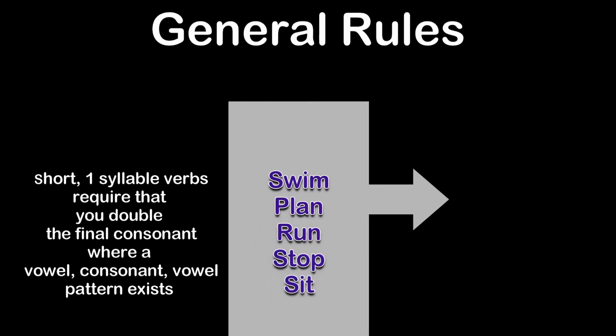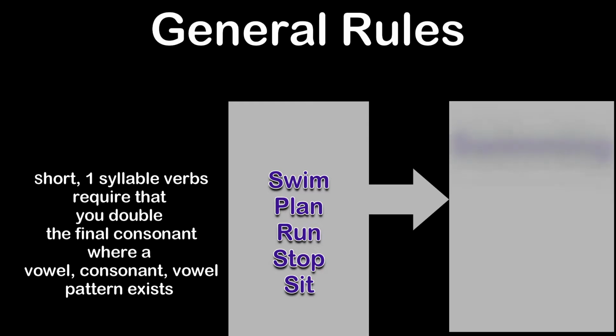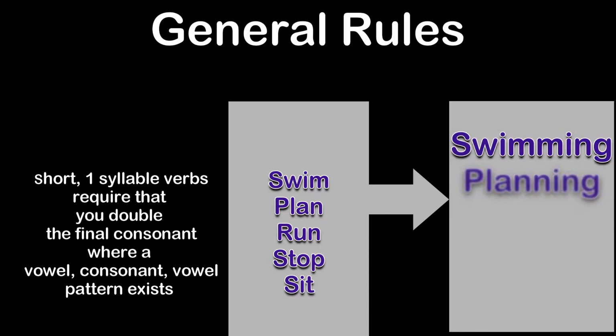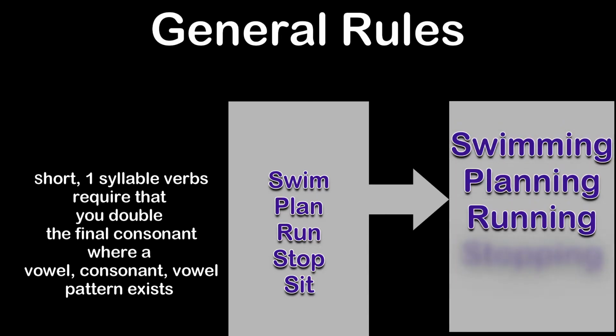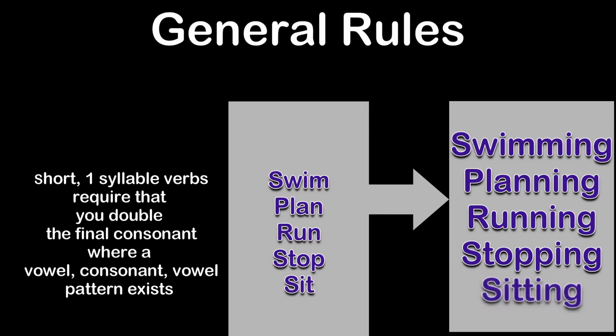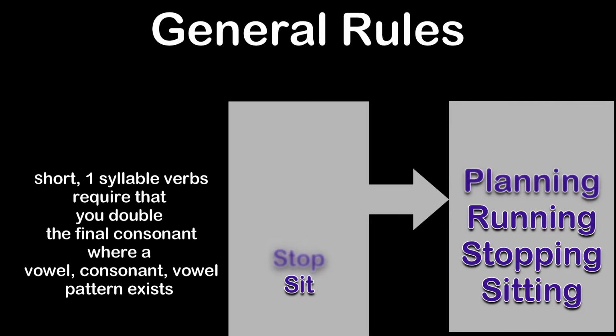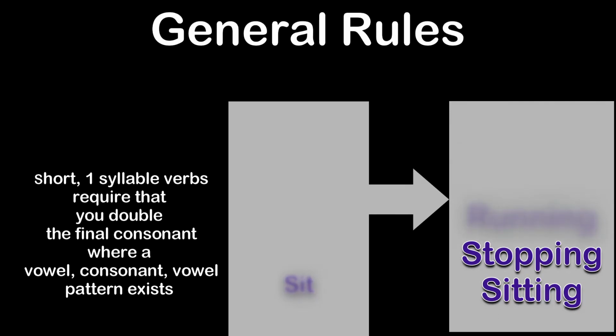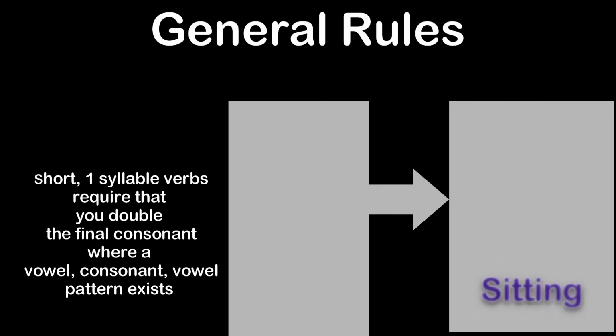Swim becomes swimming, plan becomes planning, run becomes running, stop becomes stopping, and sit becomes sitting. There are exceptions to these rules, most notably read becomes reading. There is no doubling of the D in reading.